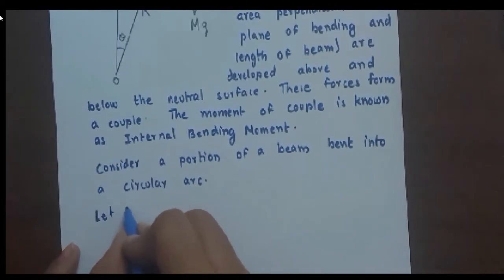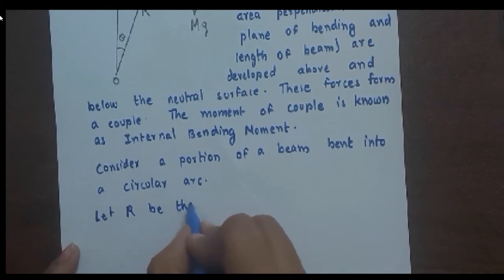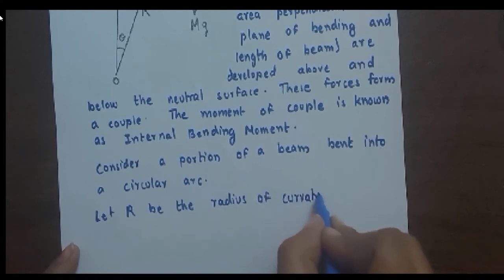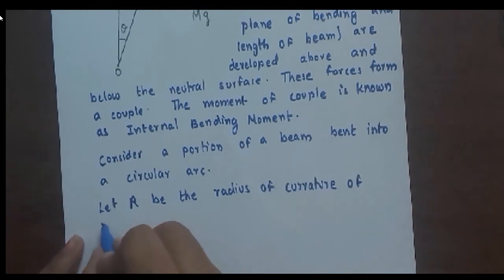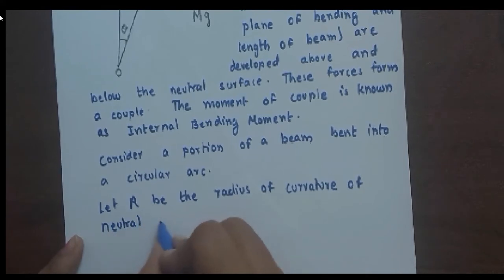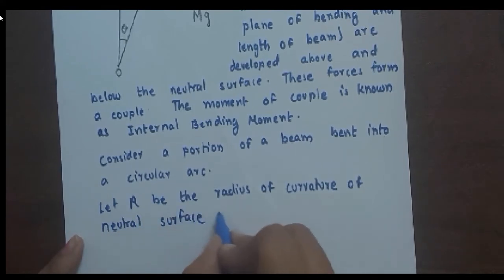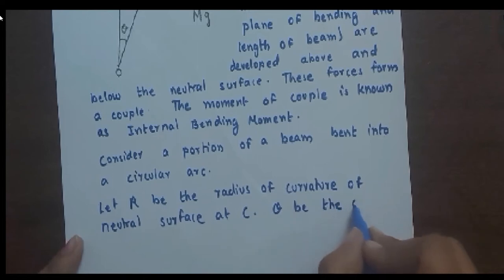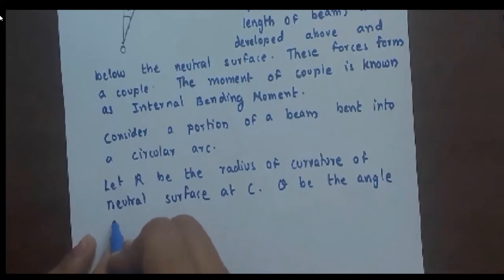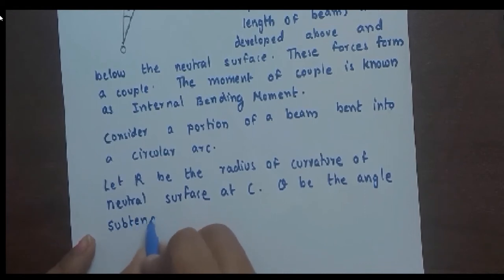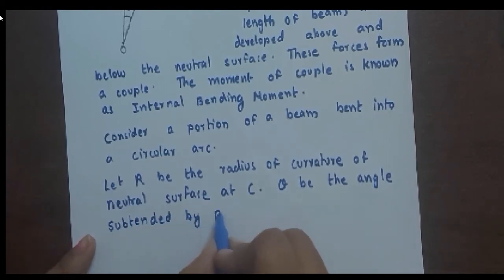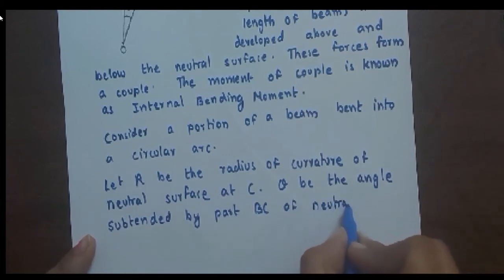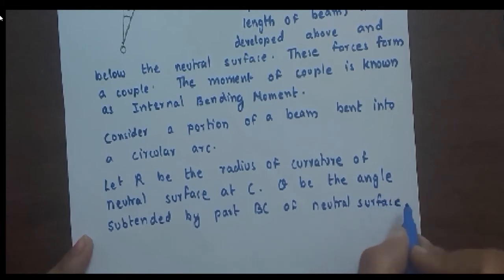Let capital R be the radius of curvature of the neutral surface at C. Theta be the angle subtended by part BC of the neutral surface.